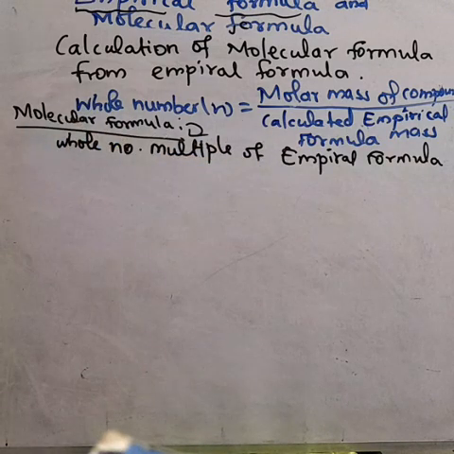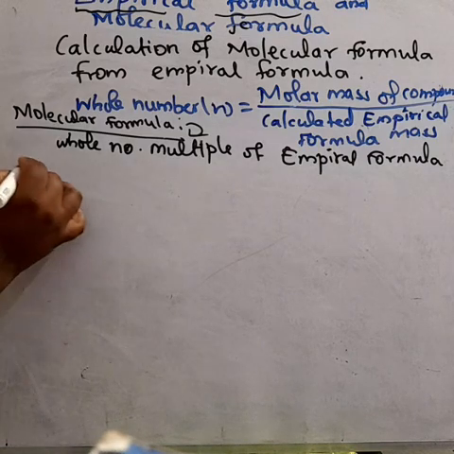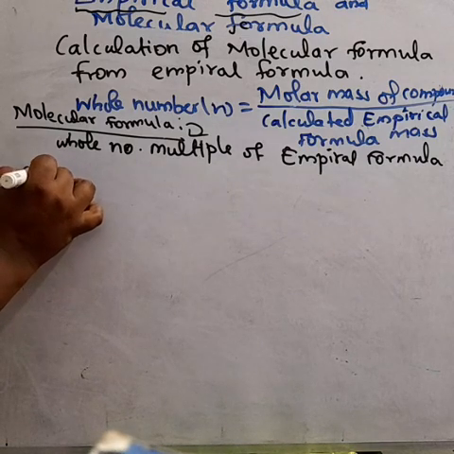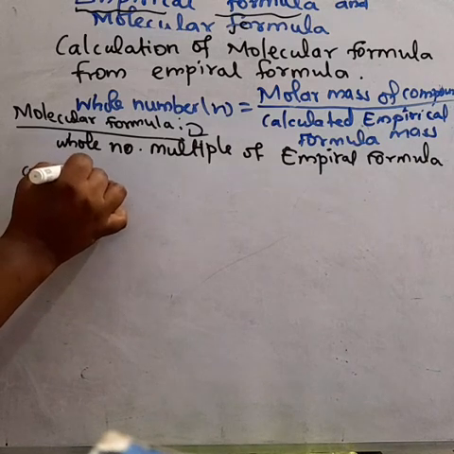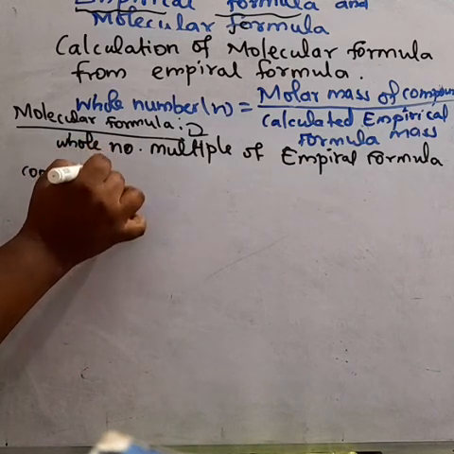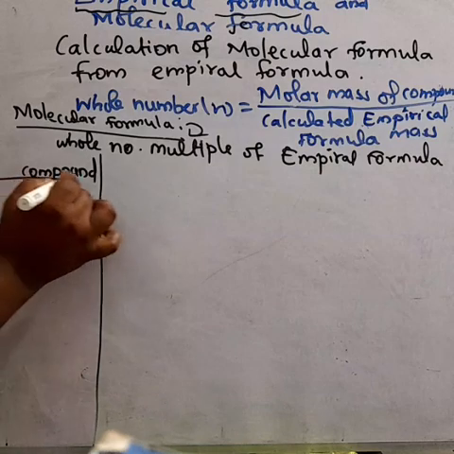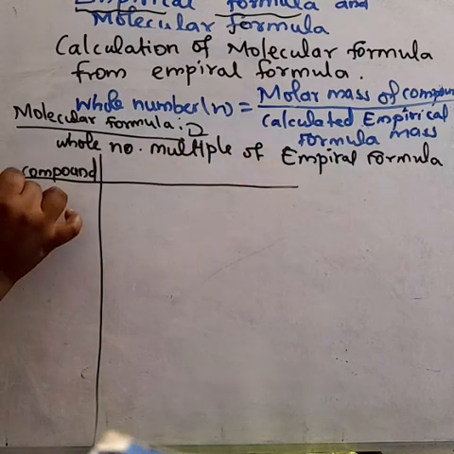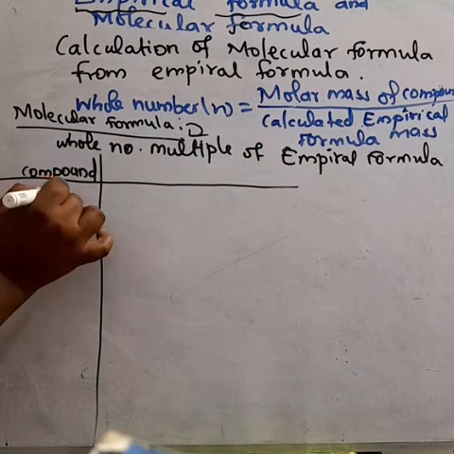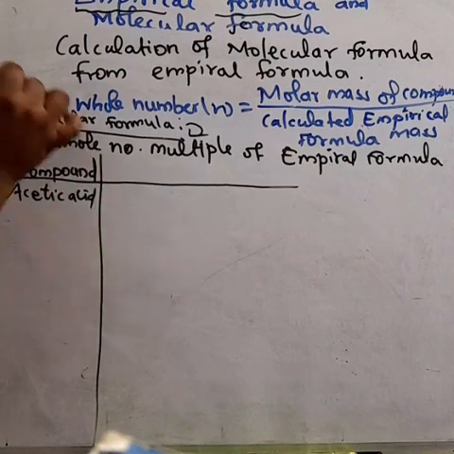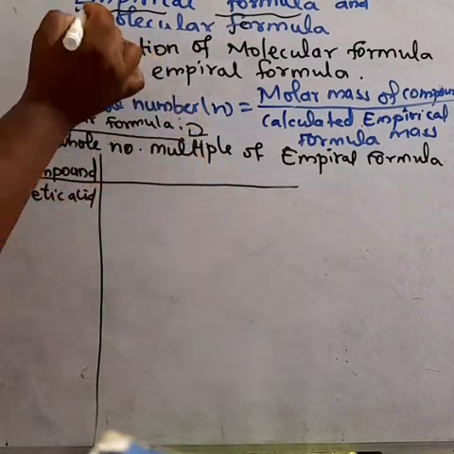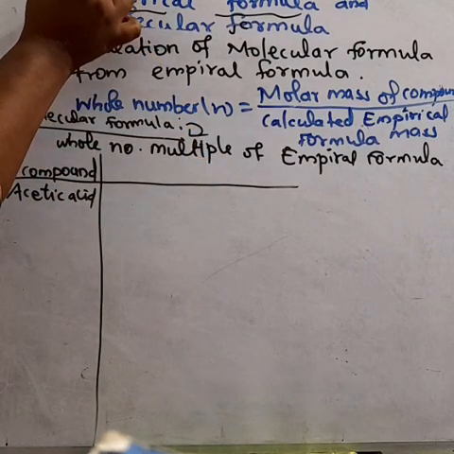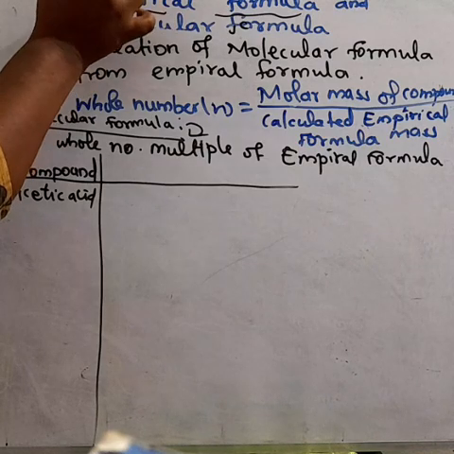Understood. So for example, take the first compound in the table, acetic acid. What is the empirical formula of acetic acid?